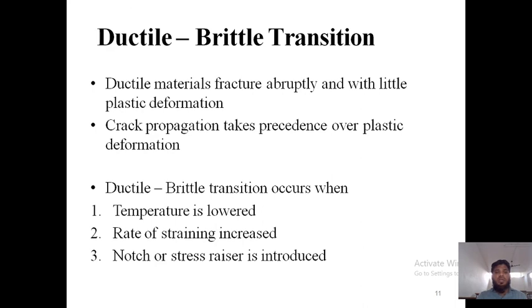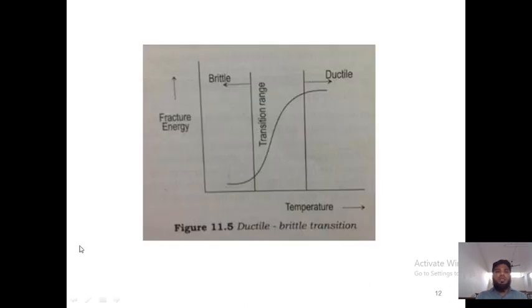This generally happens because of some unwanted mixing, especially in casting. If some air bubbles are formed, or if some amount of impurities are added, they behave as stress risers. Okay, so this is the fracture energy, and next is temperature.